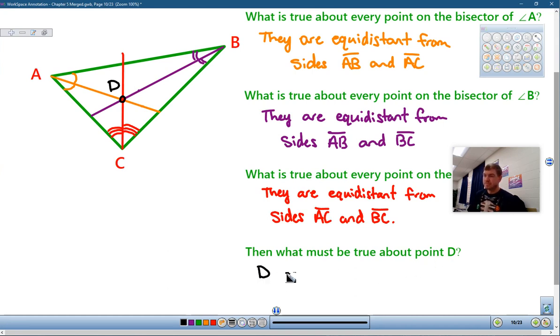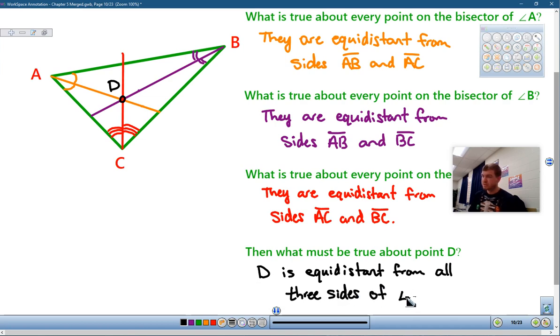Point D is equidistant from all three sides of triangle ABC.